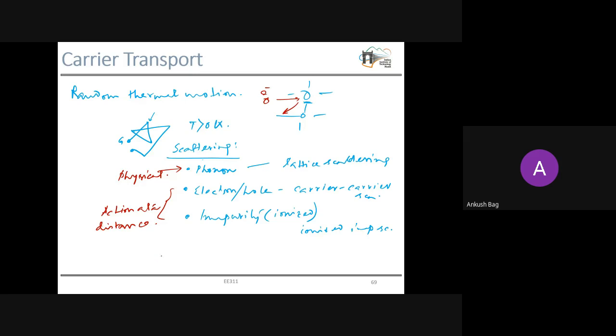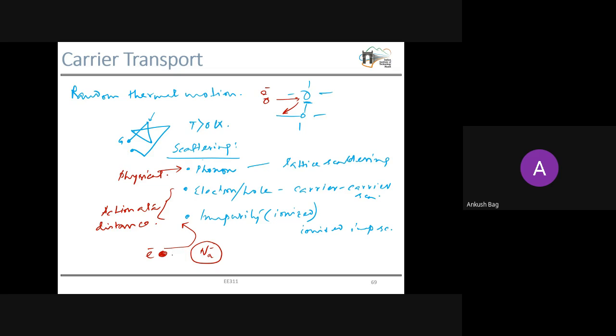Let's say we have one electron, and then we have, let's say, one ionized acceptor ion, which is negatively charged. When this electron comes and sees this, it will just go this way, because it will be repelled back, in this direction or any other direction, because this is negative.